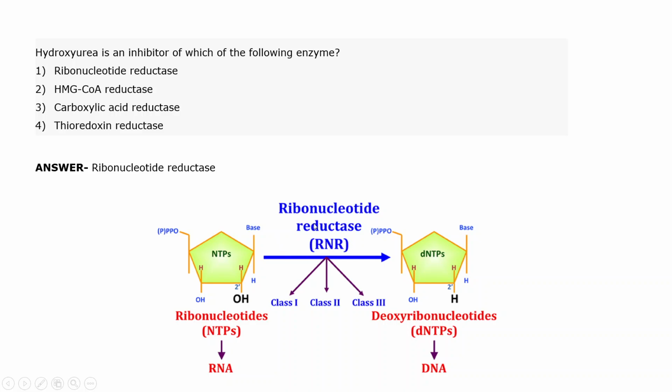So whenever ribonucleotide reductase is inhibited in the presence of hydroxyurea, the level of ribonucleotides increases, while the level of dNTPs decreases, because there is no longer production of dNTPs and the ribonucleotides are not getting used up. So hydroxyurea is an inhibitor of ribonucleotide reductase.